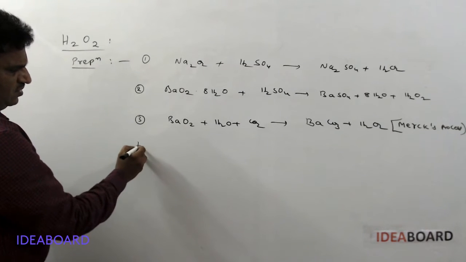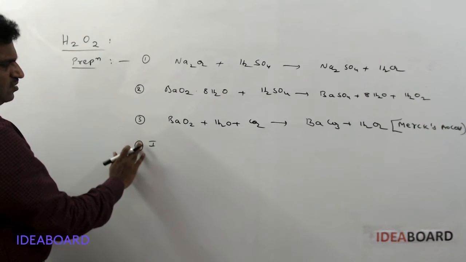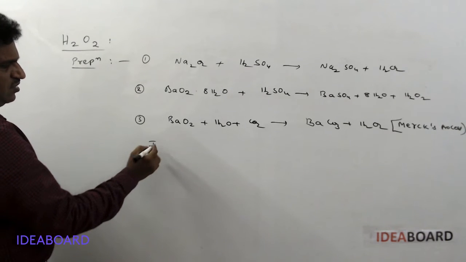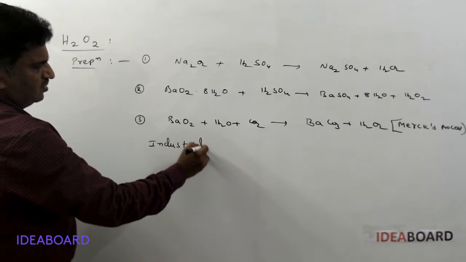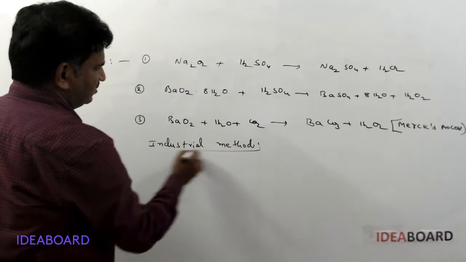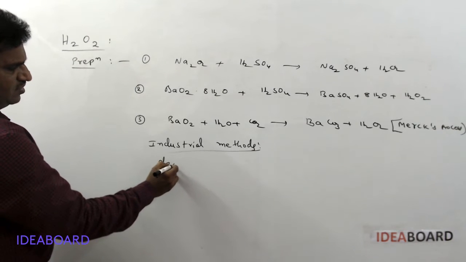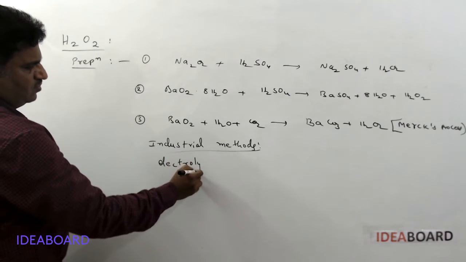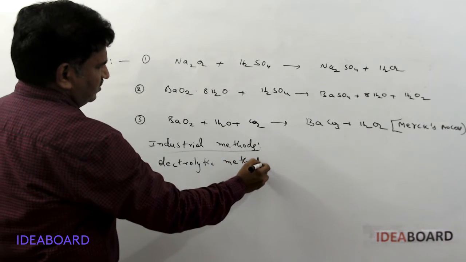Okay, and next another important, industrial methods. These are industrial preparation methods. In the industrial preparation methods, a very important method is the electrolytic method. What is this electrolytic method?